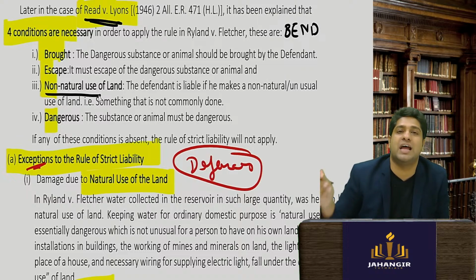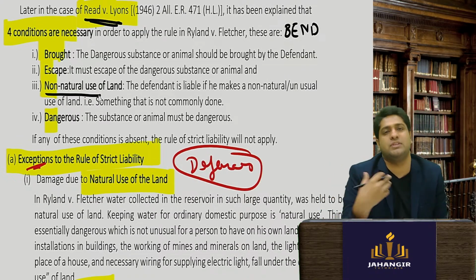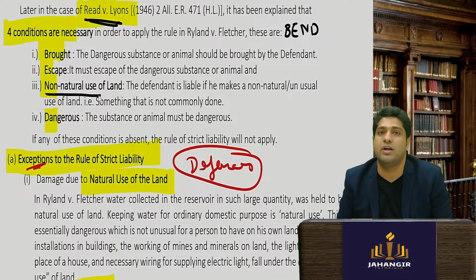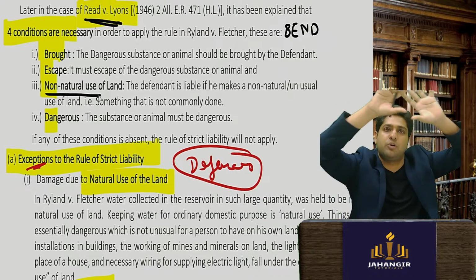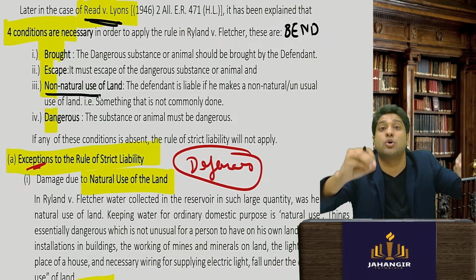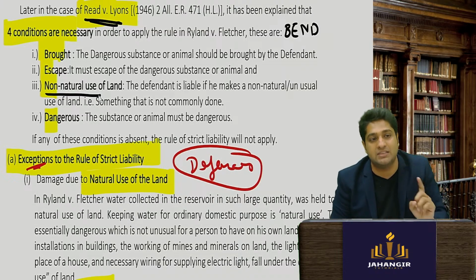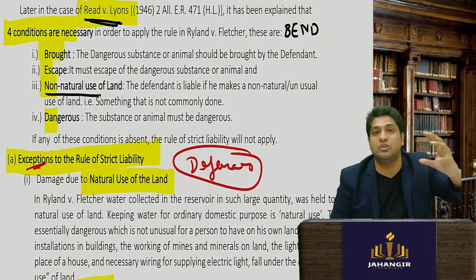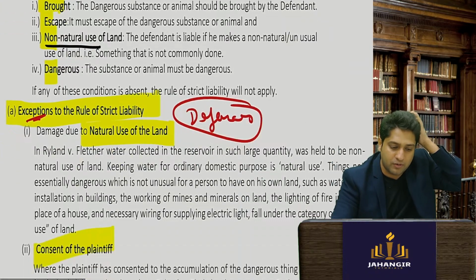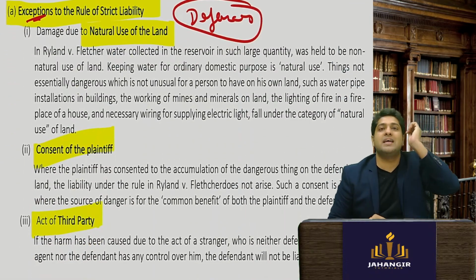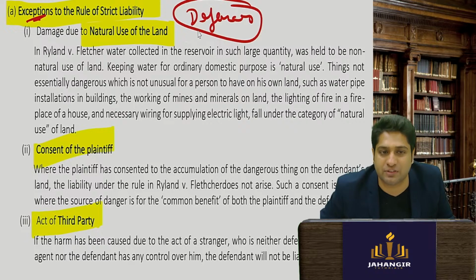So if I use natural things which everybody is doing, then this rule will not apply. For example, everybody has a water tank. If I put a water tank and it bursts, this rule will not apply. This rule applies only when you do something unusual, non-natural, uncommon. Okay, and then there are certain exceptions. These exceptions are defenses.